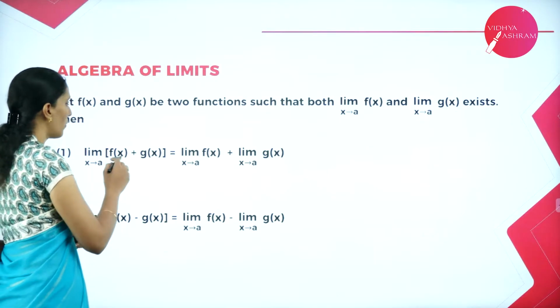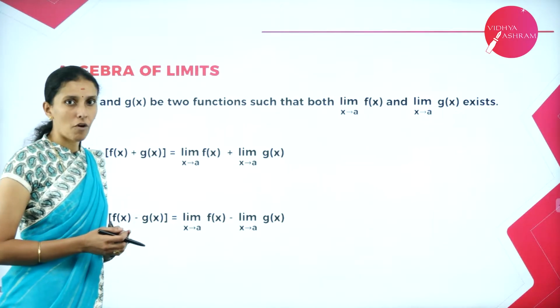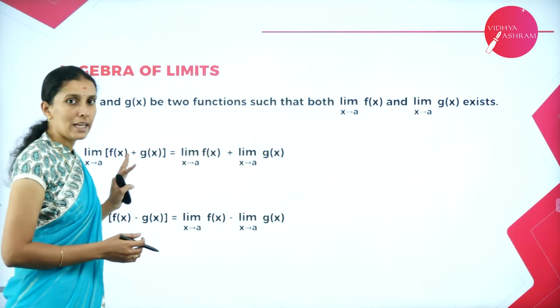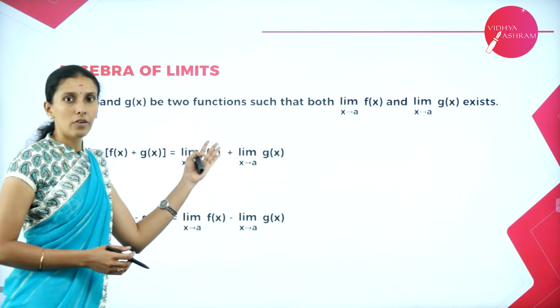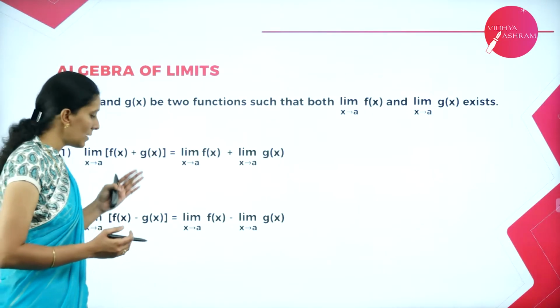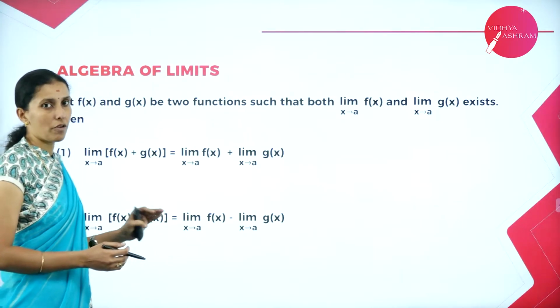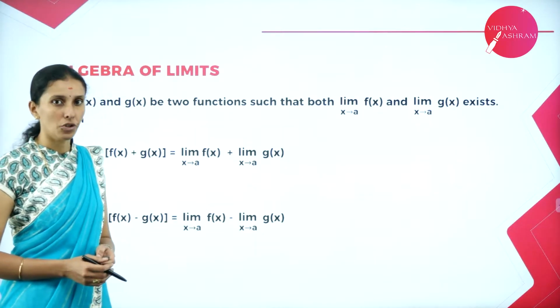So, limit of f of x plus g of x can be written in the form of limit f of x plus limit g of x. We can take the sum of two functions as the limit of the sum of two functions. Similarly, the difference of two functions, the limit of f of x minus g of x, can be taken as limit f of x minus limit g of x.